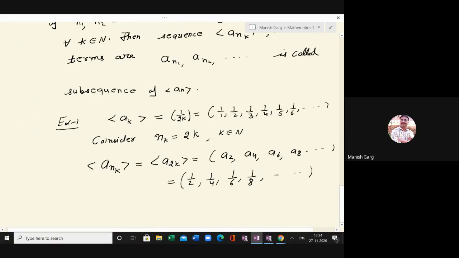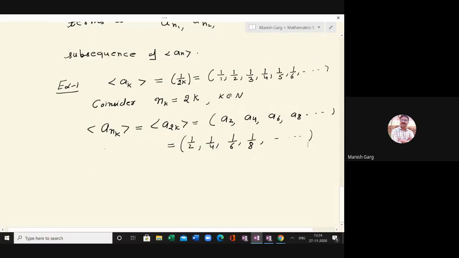This is a subsequence. So a_(n_k) is a subsequence of a_n, and you can write it as a_(2k).